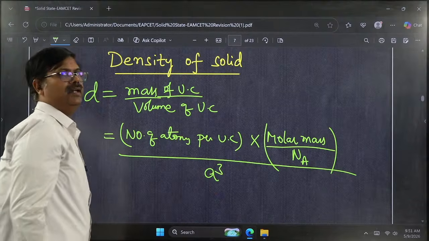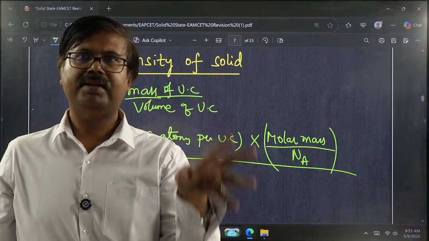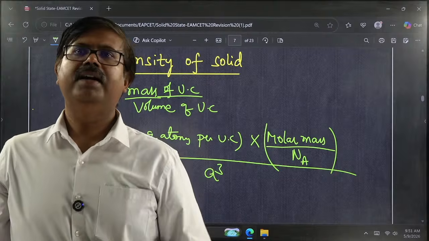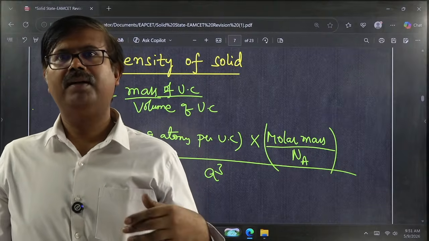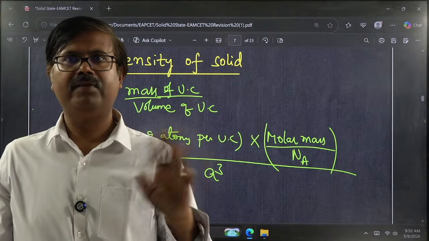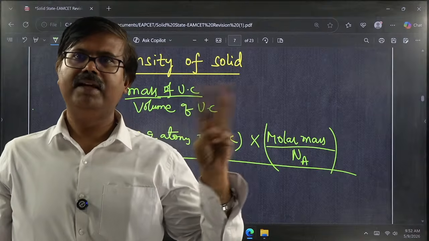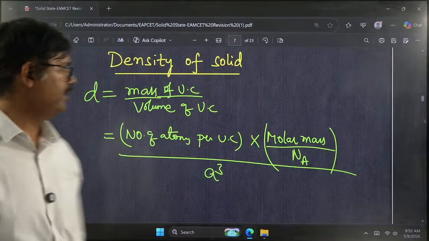Now normally only cubic we will come across: simple cubic, body centered, face centered cubic. Cubic unit cell volume is a cube, and hexagonal cases such problems won't come, so we need not worry about density of hexagonal. The other three are cubic unit cells. For cubic we know the volume formula, a cube, simple.